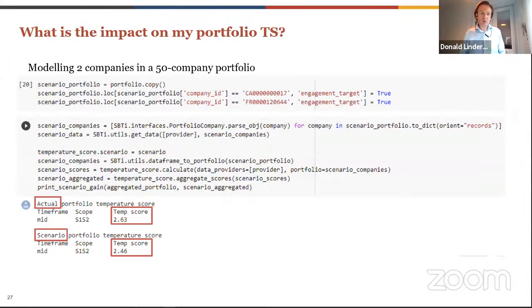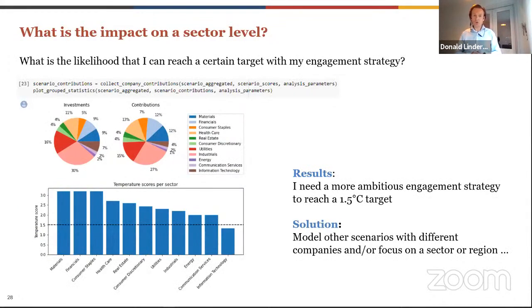That may not be that much, but I mean, it's 2 companies out of a 50 company portfolio, and we gave them a pretty low bar to get under. So we obviously need to do a lot more to reach a 1.5 degree target, for example.